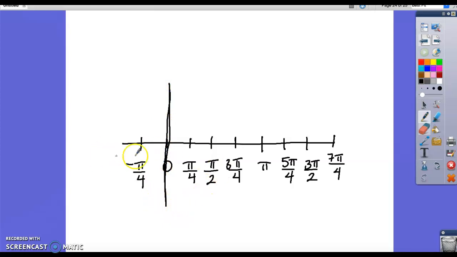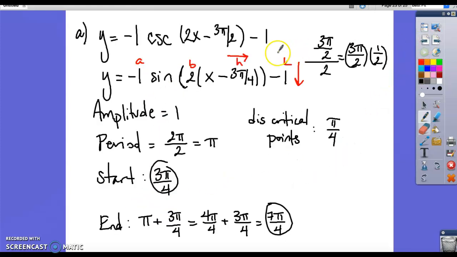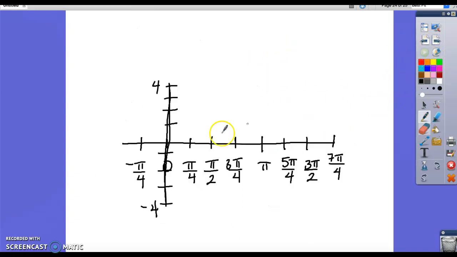That's why I waited to find my critical points to put that vertical axis in there. There's all my critical points. I have a vertical shift of -1, which means the midline, which I'm going to draw in green, moves from the x-axis down to -1.